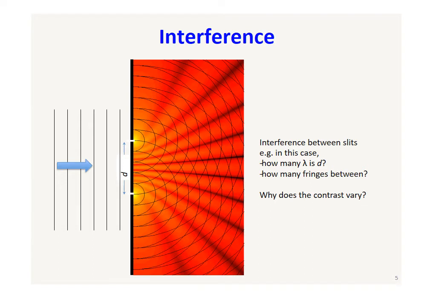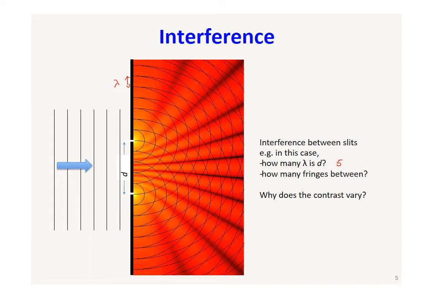Let's have a look at our picture a little more quantitatively. In this case, we can see that there are about 5 wavelengths between the two slits, and that is because each of these wavefronts is, of course, 1 wavelength apart. So how many fringes are there?